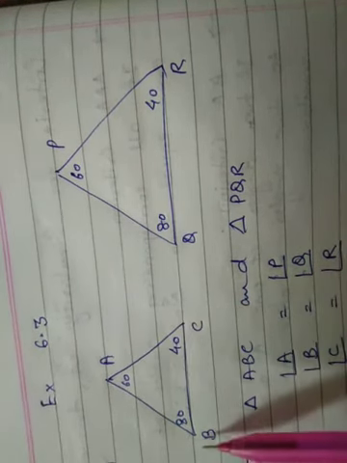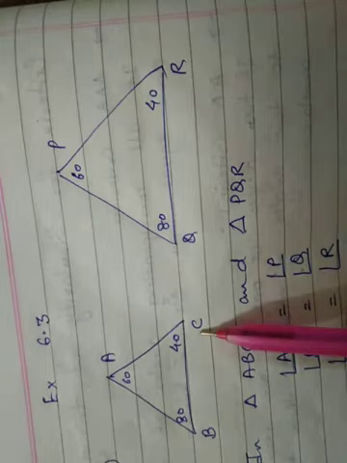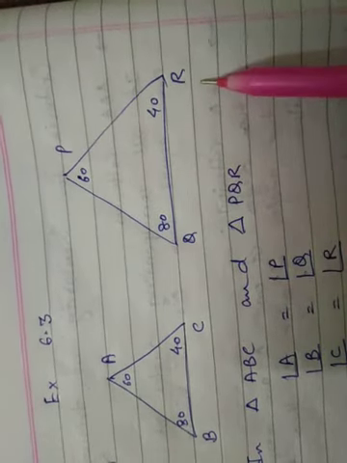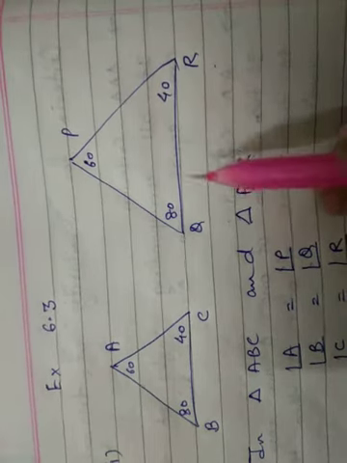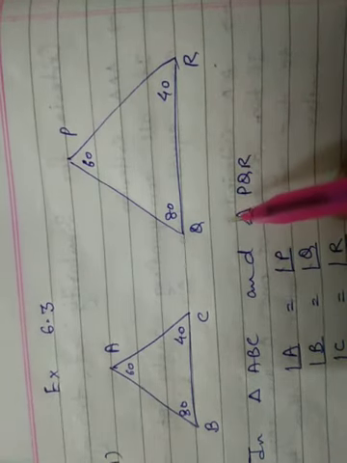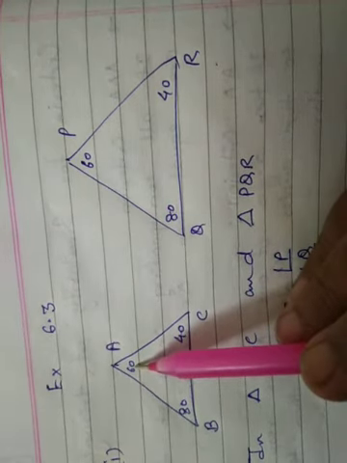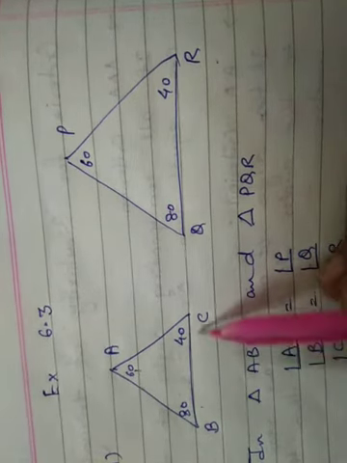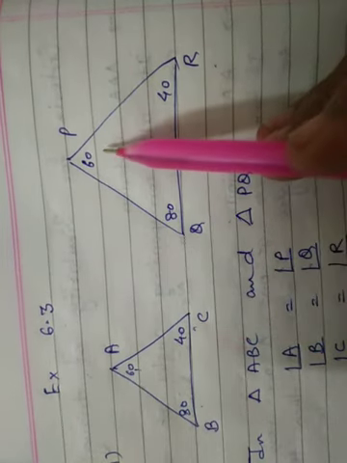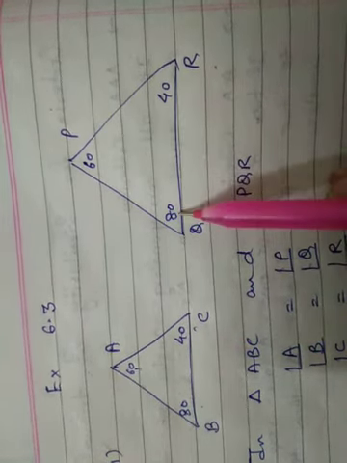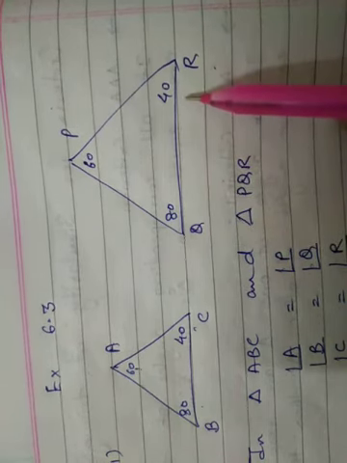One is ABC, and another triangle is PQR. In these two triangles, they have given us that angle A is 60, B is 80, and C is 40. Similarly in triangle PQR, P is 60, Q is 80, and R is 40.